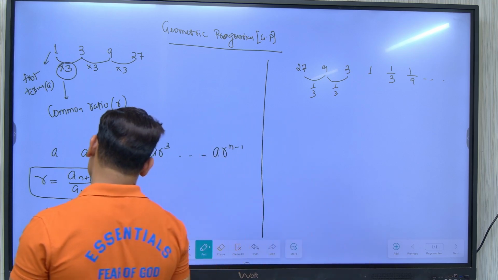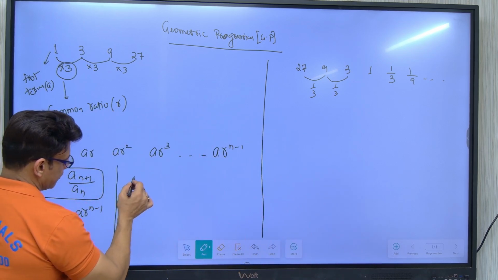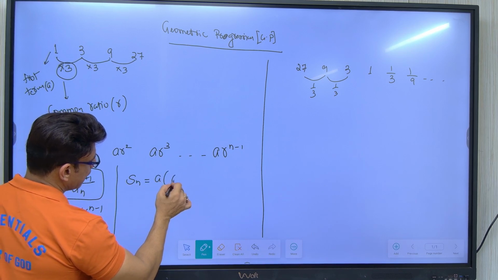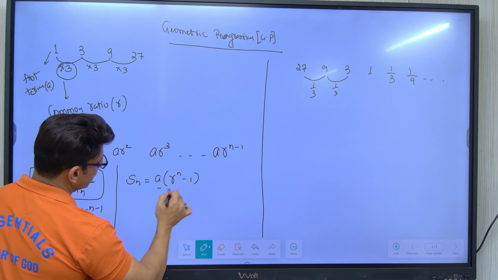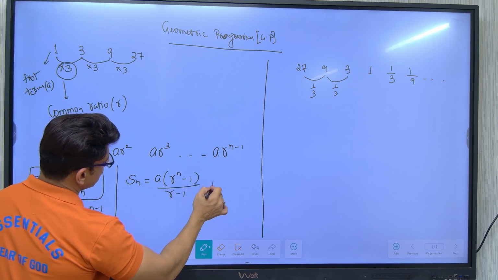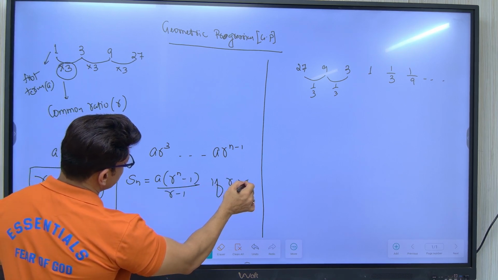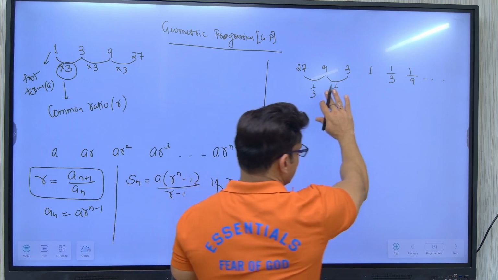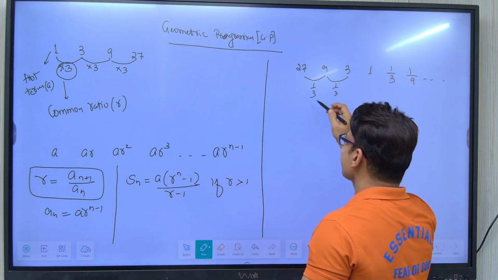S of n actually same ही होता है, लेकिन just remember sum of n terms will be given by A into R raised to the power n minus 1 upon R minus 1 if R is greater than 1. Here nth term will remain same. Nth term दोनों का same रहता है.